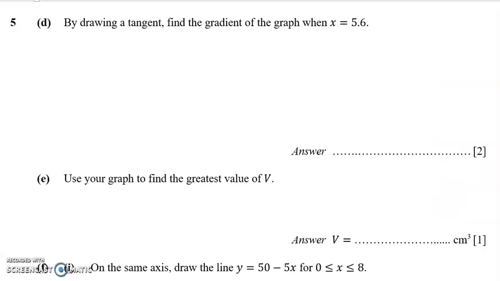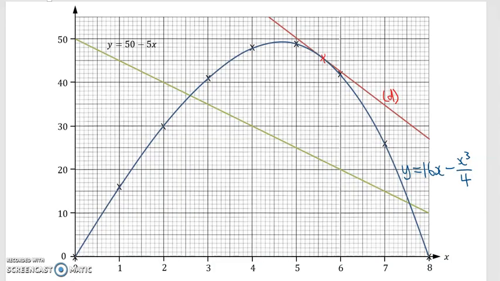Part D wants us to draw a tangent to find the gradient of the graph when x is 5.6. So we will go back to our graph, locate x is 5.6, and draw the tangent of the curve there. The red line here is the tangent. I've put a red cross to show where x is 5.6, and the tangent that is drawn is in red. Then we will use this to find the gradient of the curve at x equals 5.6.